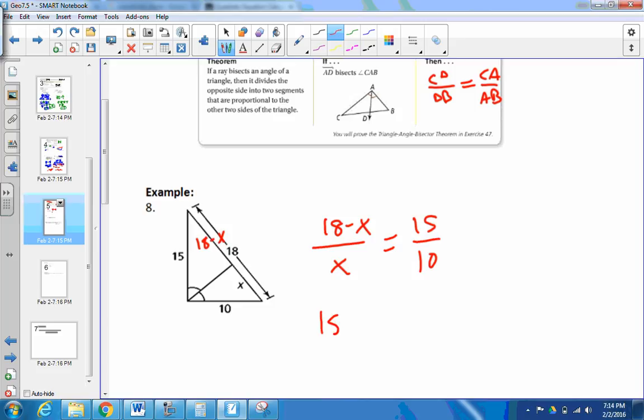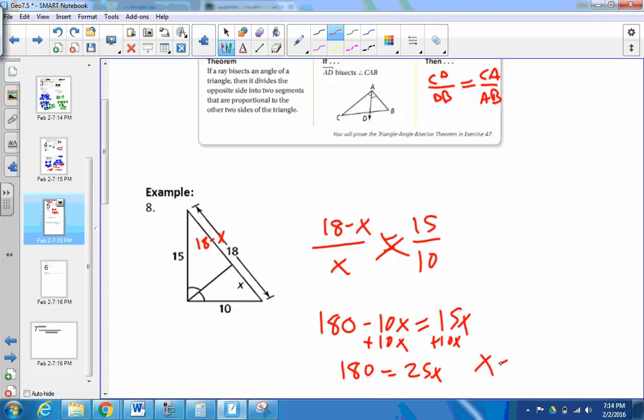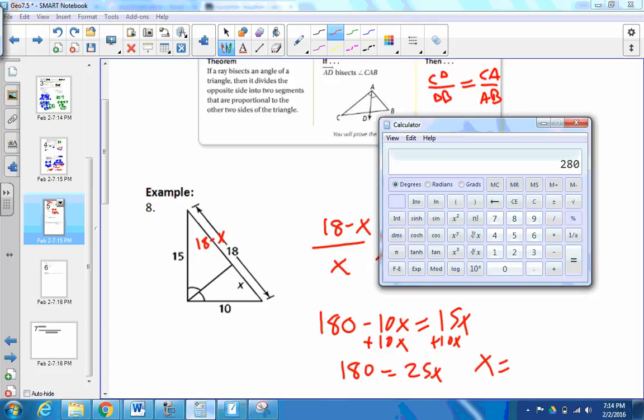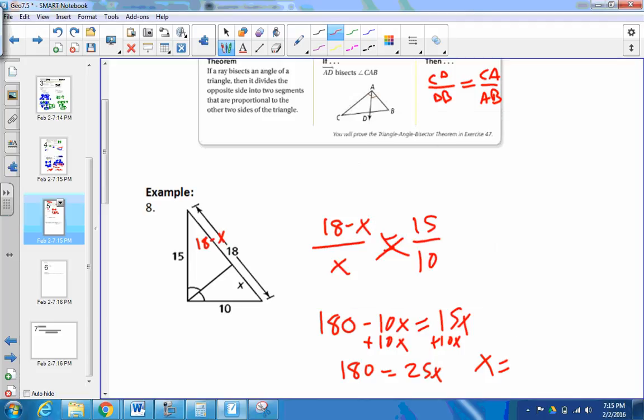So on one side we have 180, we cross multiply, 180 minus 10x equals 15x. We add 10x to both sides. We have 180 equals 25x. And x then, if you solve that, 180 divided by 25, it's going to be a decimal, I believe, a little bit over 7. 7.2.